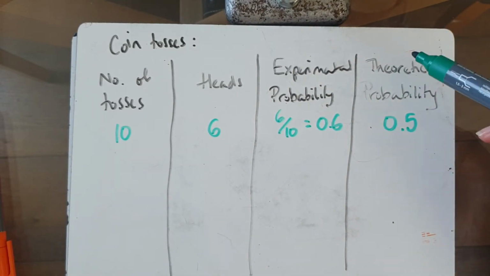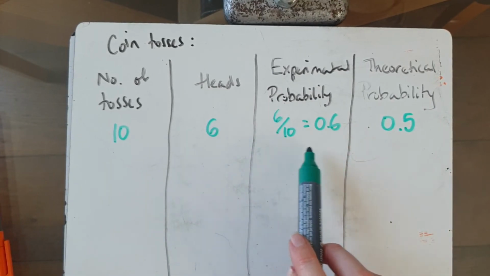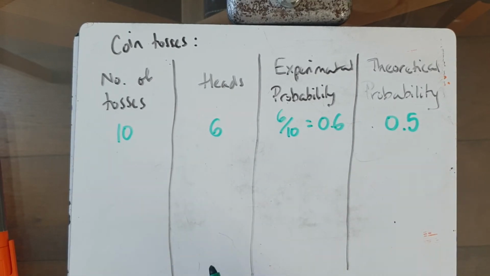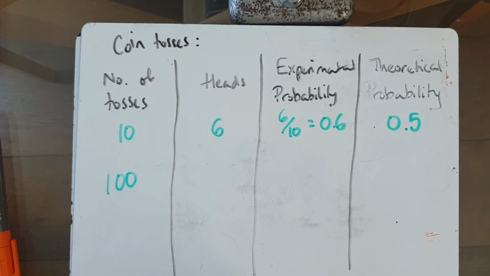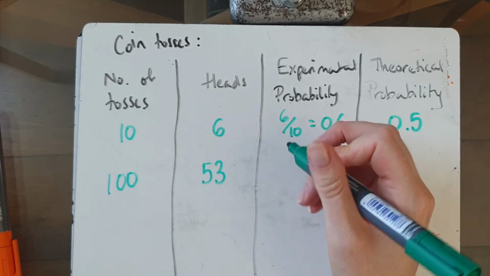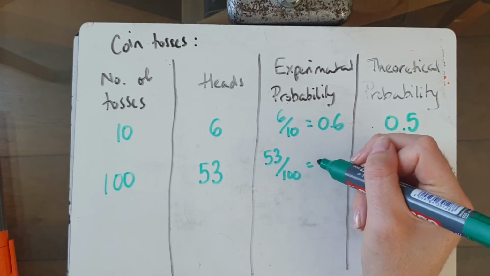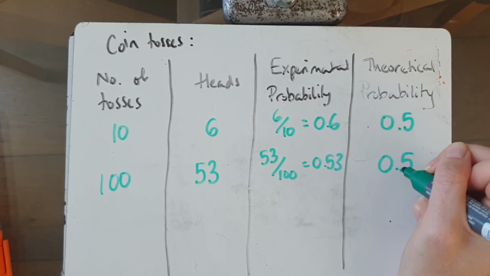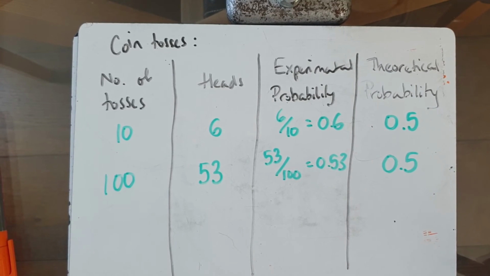Now, as we carry out more trials, we would expect this experimental probability to start getting closer to this theoretical probability. So perhaps we would do 100 throws this time, and we'd get 53 heads. Now that would give us an experimental probability of 0.53, which is much closer to, but still not the same as, this 0.5.